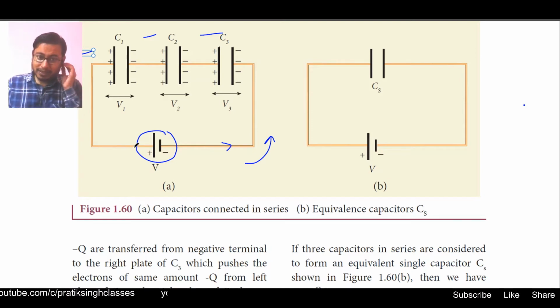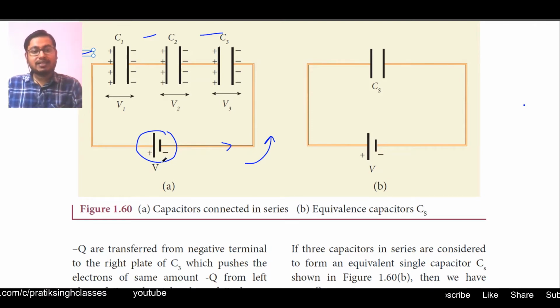But keep in mind that the amount of charge coming out of the battery, going to C3, then C2, then C1, and coming back to the battery will not be the same, because some of the charges will be stored in C3, then in C2, then in C1 in the form of electrostatic force, which we have seen in our previous videos. So that is what is given in the paragraph, that minus q amount of charge has left the battery to the capacitor.